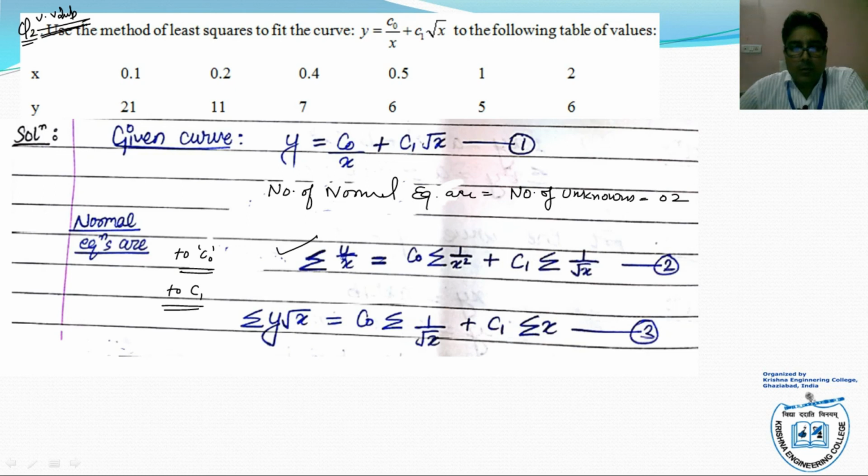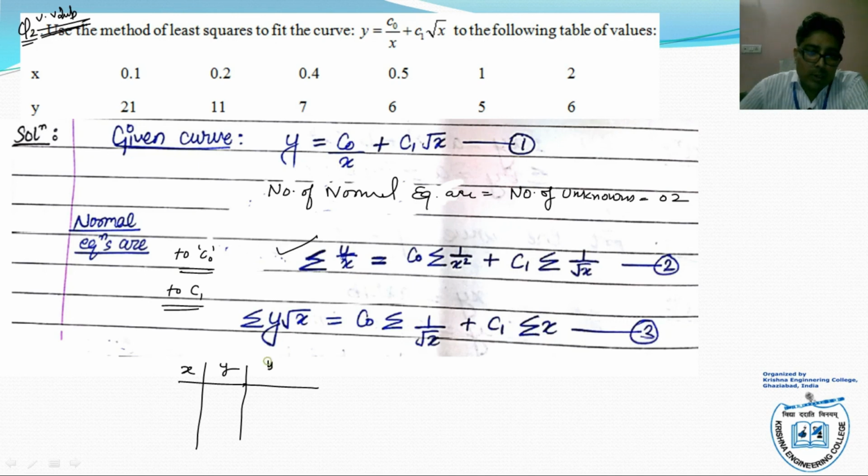Write the normal equations directly. We find the column corresponding to the value of x given here, the value of y is also given here. So we find the column corresponding to y upon x. We need sigma y upon x, and we need y under root x here. So find the corresponding column, and find the column corresponding to sigma under root x, and the column corresponding to sigma 1 upon x square.